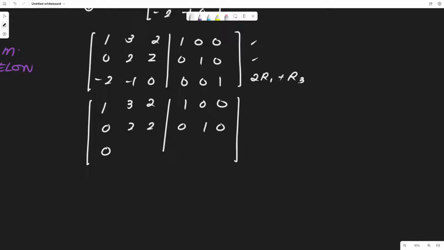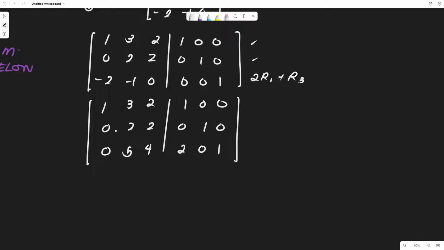Then this will become 0. Then 6 minus 1 is 5. Then 2 plus 0 is 4. 2 times 2 is 4 plus 0 is 4. Then 2 times 1 is 2 plus 0 is 2. Then this is still 0. Then 0 plus 1 is 1.